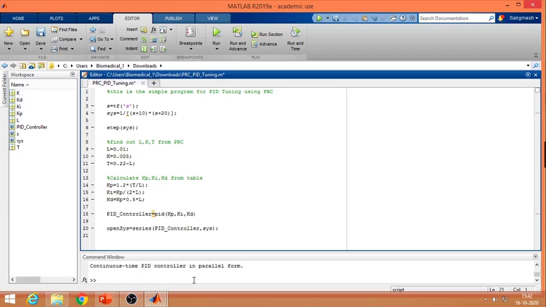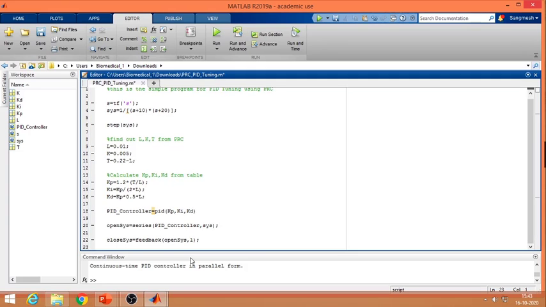Now let's take the closed loop. Closed sys is nothing but feedback, which is the syntax to get the feedback of your open sys, comma, we will take a unity feedback system. Very good.